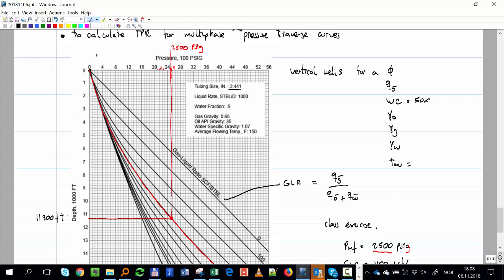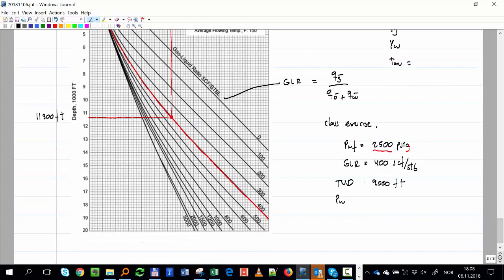Now I have to think about what I want. What I want is wellhead pressure. That's what I'm looking for. Therefore, the pressure I want is shallower in the tubing, so I have to move up exactly the length that I want. The TVD of my PWF is 11,300 feet.